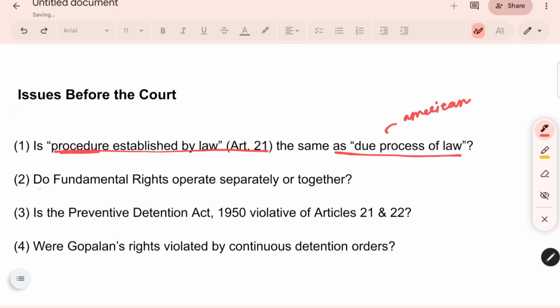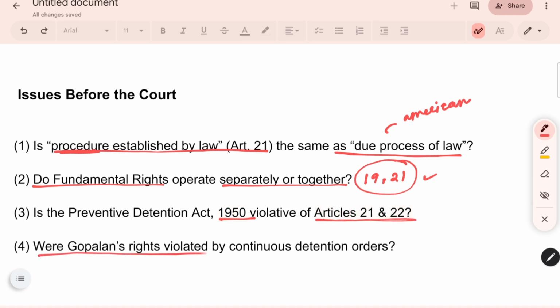Then the second issue was: do fundamental rights operate separately or together? It means, should Article 19 and 21 be read together or are they separate? Third, does the Preventive Detention Act 1950 violate Articles 21 and 22? And the fourth issue was whether Gopalan's right was violated by continuous detention orders.